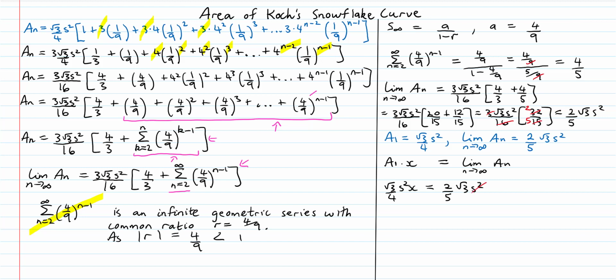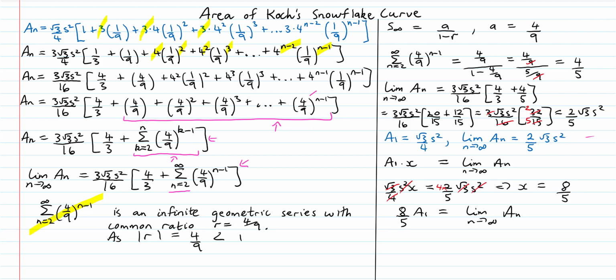So we can cancel out the s squareds, and we can cancel out these root 3's, and then if we multiply both sides through by 4, we get that x is equal to 8 over 5. So this means that 8 over 5 times a1 is equal to the limit as n goes to infinity of an, and that's what we wanted to show.